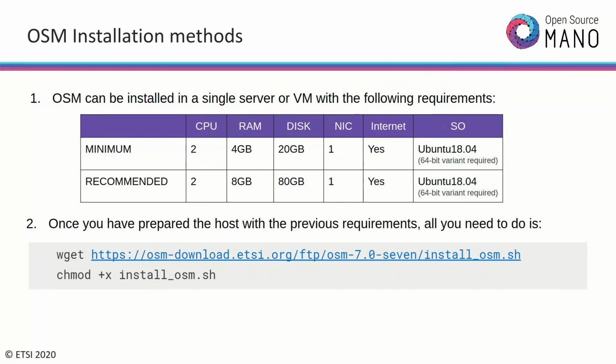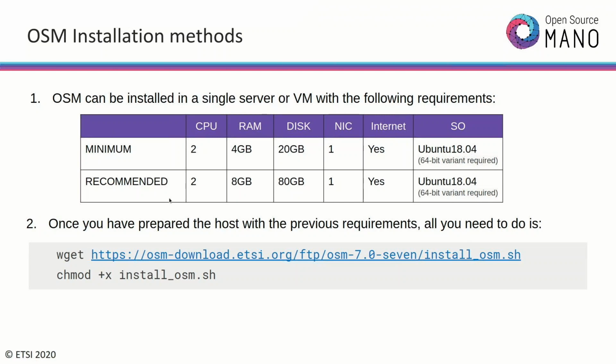The minimum option is to have a virtual machine with at least 2 CPUs, 4 gigabytes of RAM, 20 gigabytes of disk, 1 network interface with access to the internet, and we will use as an operating system Ubuntu Bionic.